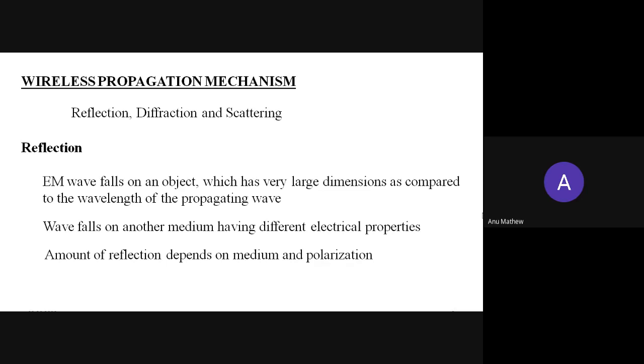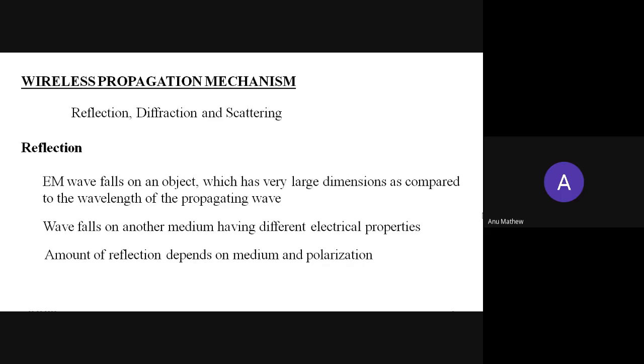The first one is reflection. Reflection occurs when an electromagnetic wave falls on an object which has very large dimensions as compared to the wavelength of the propagating wave.